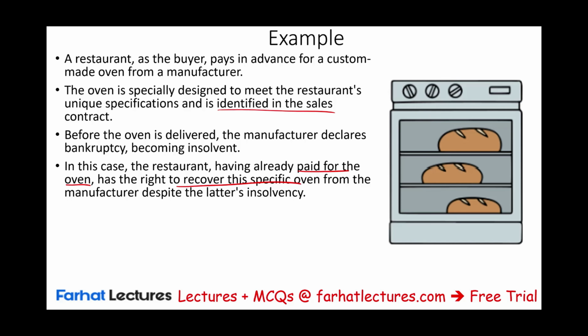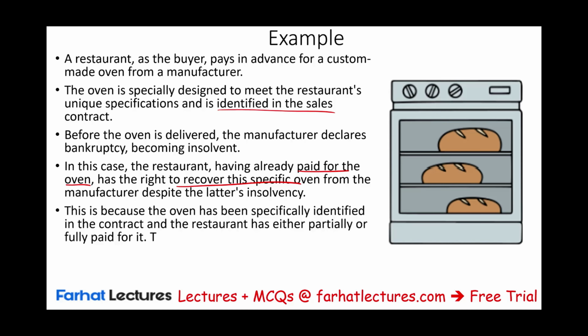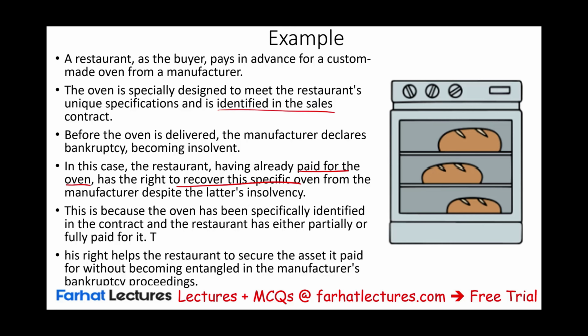That's why you want to identify it, despite the manufacturer's insolvency, meaning they're going out of business. This is because the oven has been specifically identified in the contract, and the restaurant has either partially or fully paid for it. This right helps the restaurant do what? Secure the asset and avoid entanglement in the bankruptcy proceeding.